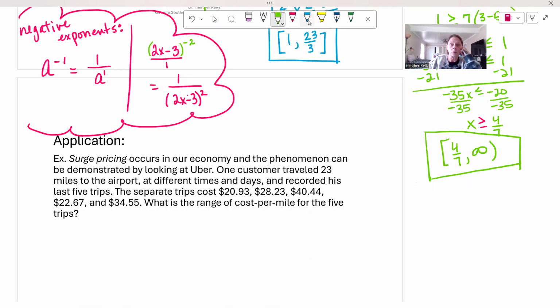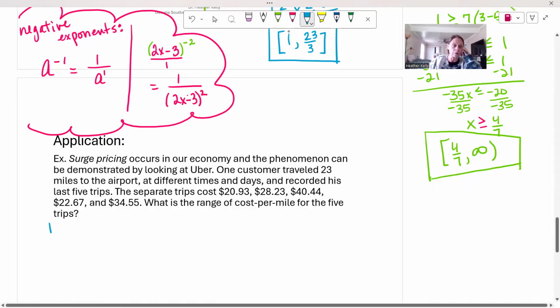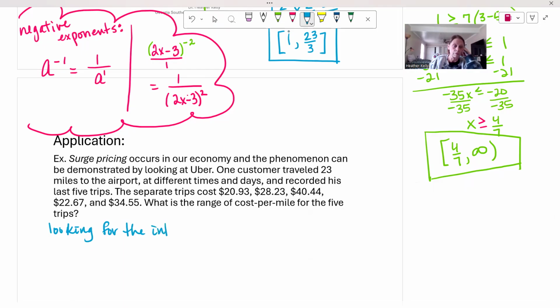So let's see, we're looking for. So in setting up the interval, we need the lowest and the highest.